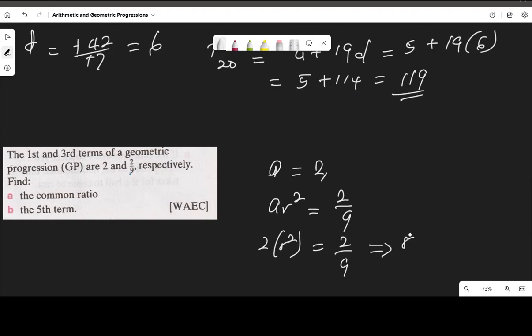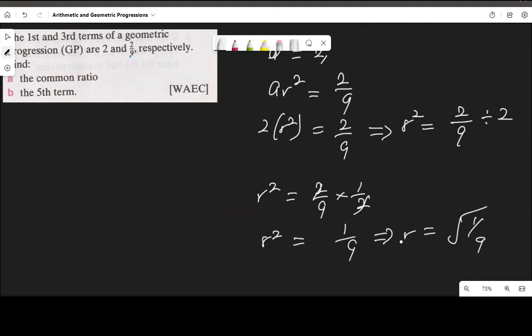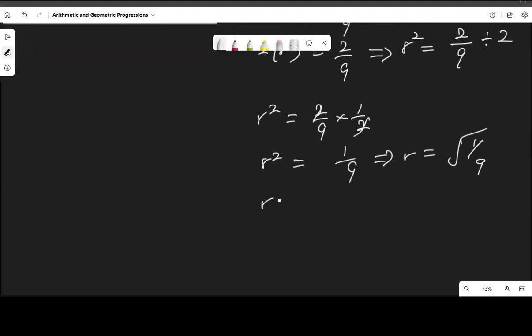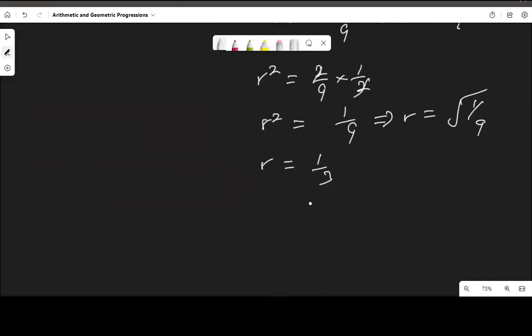This implies that R squared is equal to 2 over 9 divided by 2, dividing both sides by 2, which means R squared equal to 2 over 9 multiplied by 1 over 2. R squared equal to 1 over 9, which implies R is equal to the square root of 1 over 9, and the square root of 1 over 9 is 1 over 3. So the common ratio is 1 over 3.